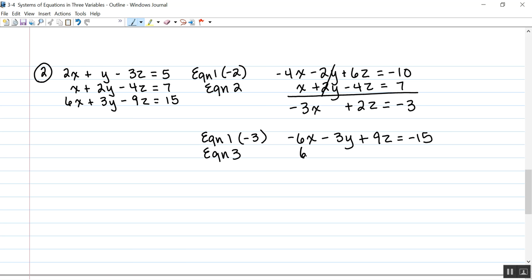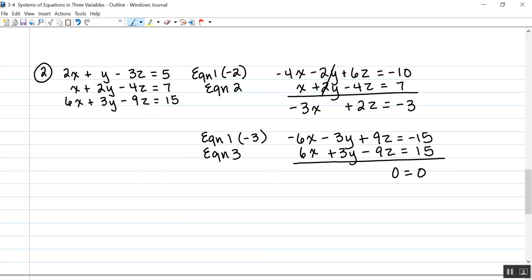And equation 3 is 6x plus 3y minus 9z equals a positive 15. And when I add those two, look at what happens. X's eliminate, y's eliminate, z's eliminate, constants eliminate. I get 0 equals 0.